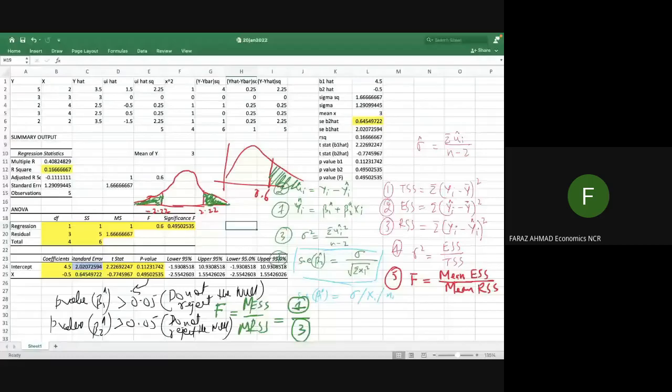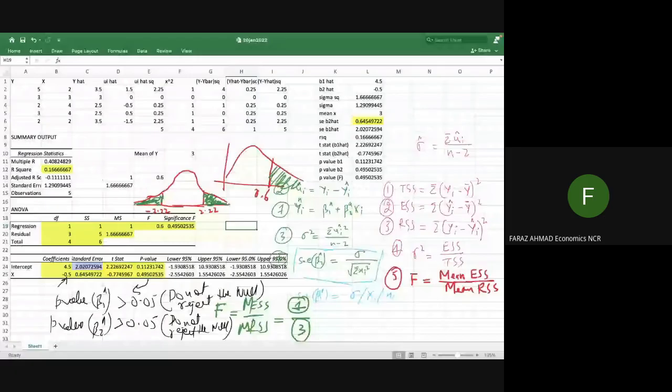That means in this case, x does not affect y, right? So this slope coefficient, which is minus 0.5, will not be interpreted in this case. You will not say that if x rises by 1 unit, y falls by 0.5 units, because you have to check the p-value. If it is greater than 0.05, you are not able to reject the null that beta 2 is 0. That means beta 2 is actually 0 in the population, not the value in your sample.